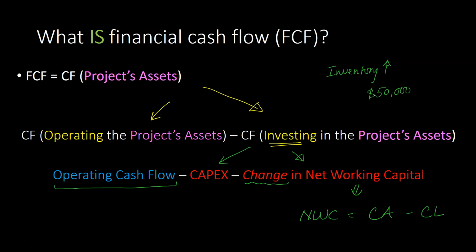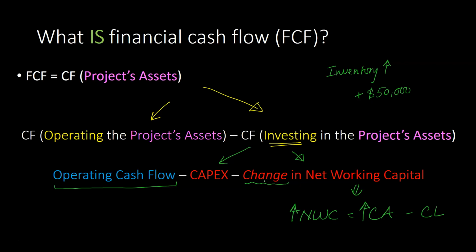Well, immediately the impact of this high inventory is that it is going to increase your current assets, because inventory is a current asset, which means current assets minus current liabilities, which is net working capital, is going to go up. Your net working capital going up means the change in net working capital is positive. So net working capital is going up by $50,000.